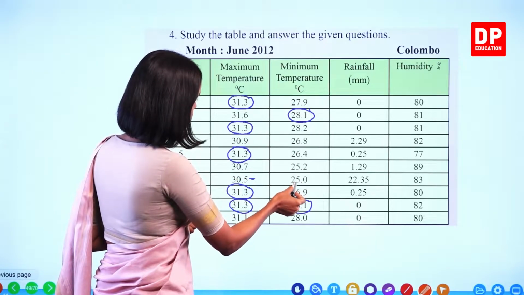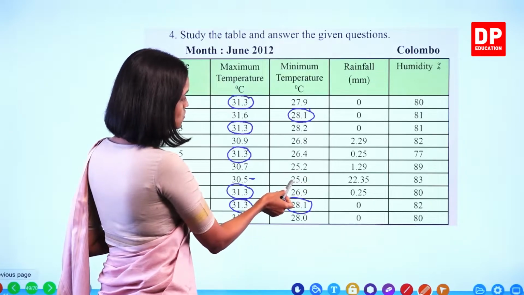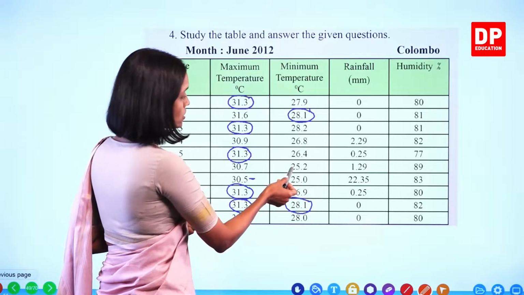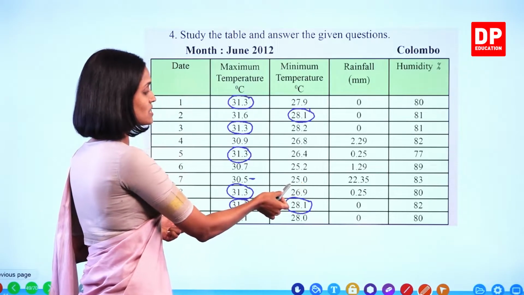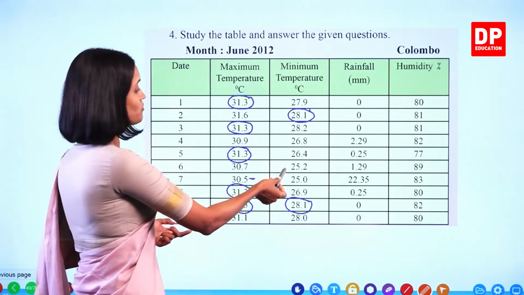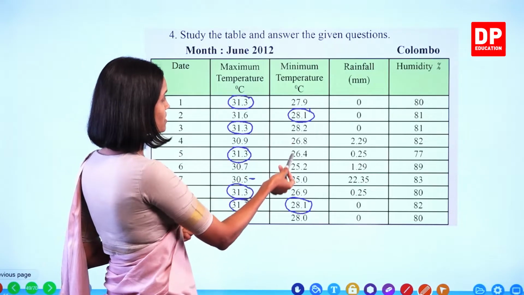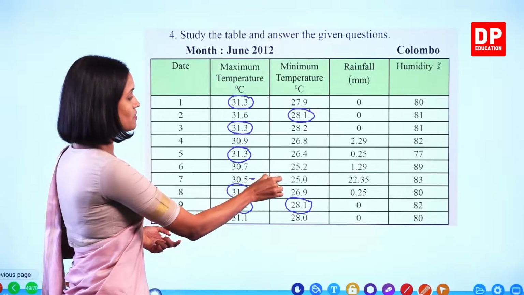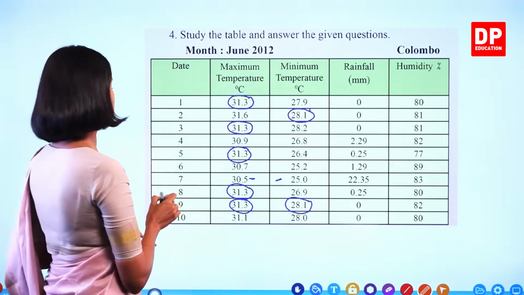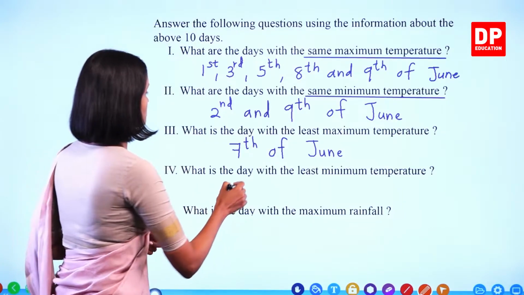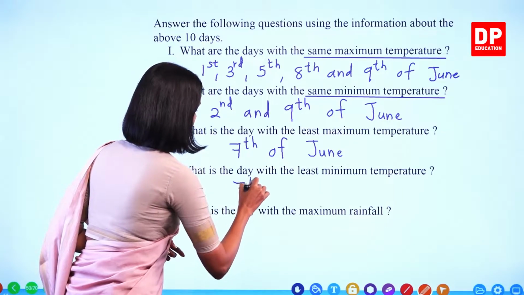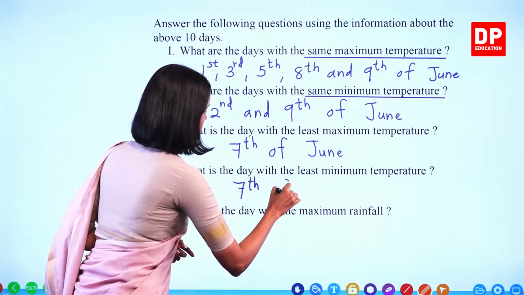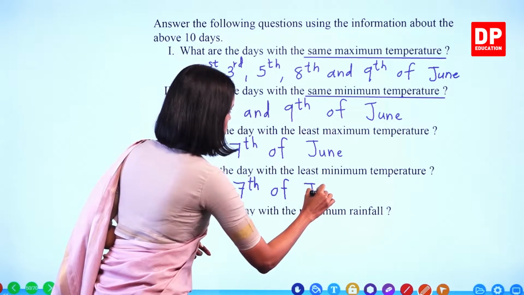So here we have 25.0, 25.2. This is less than here. Therefore, the lowest minimum temperature is again the 7th, the same day. Okay? 7th of June.